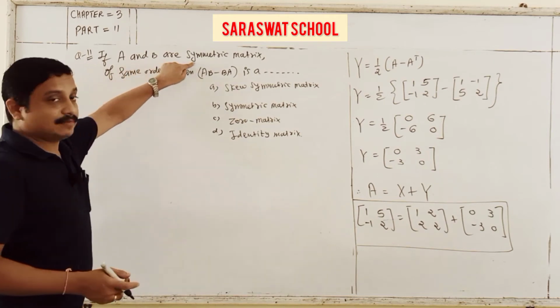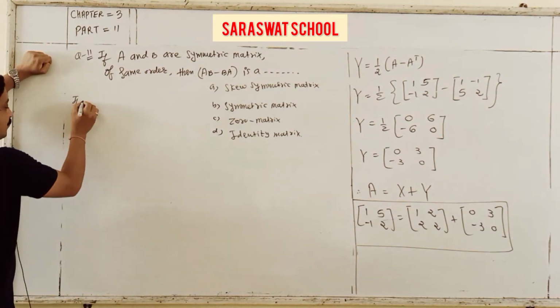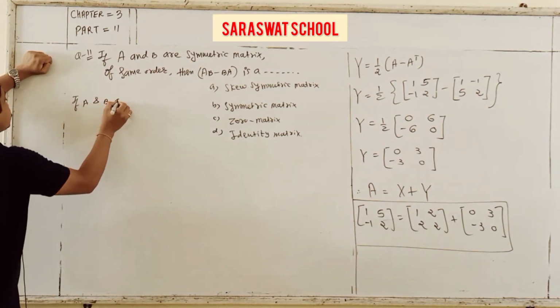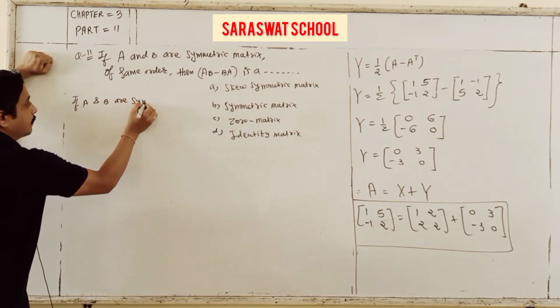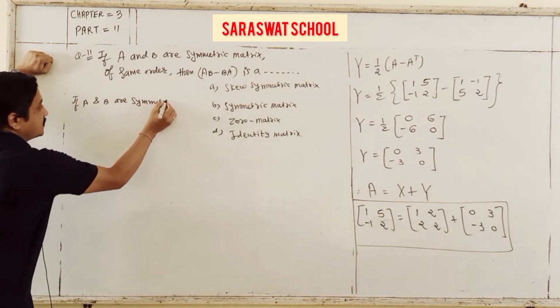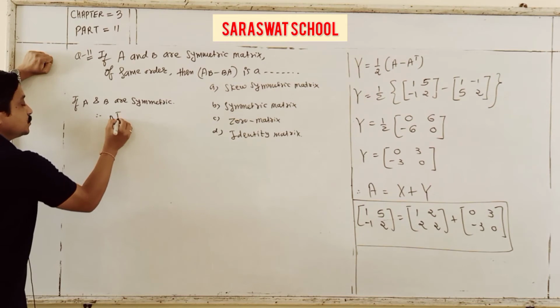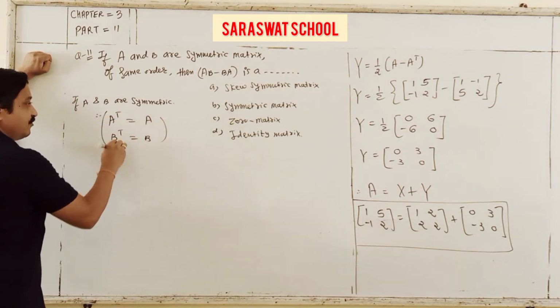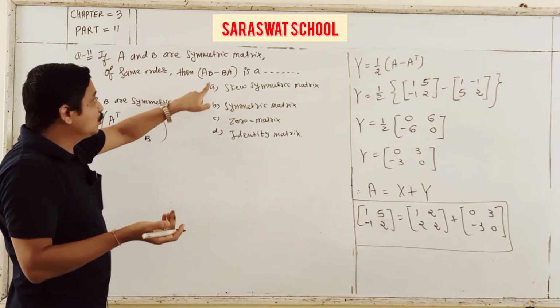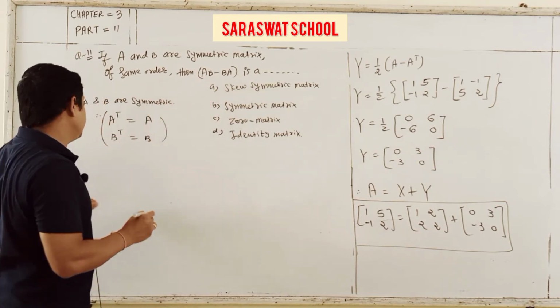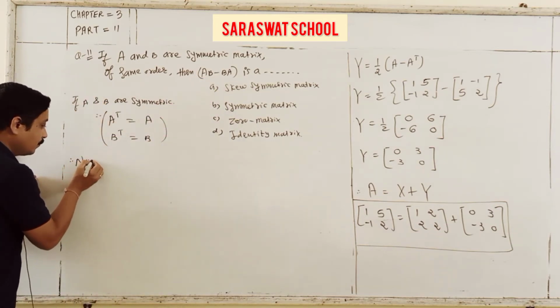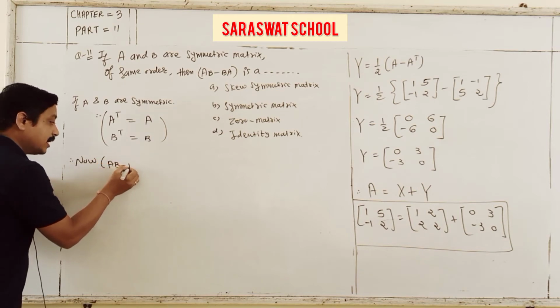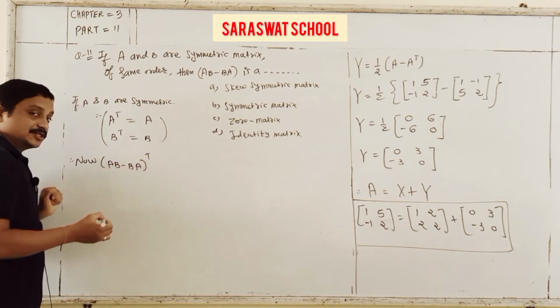A and B are symmetric, therefore A transpose becomes A, B transpose becomes B. That is the definition. Now I will check AB minus BA. I check it in the transpose.